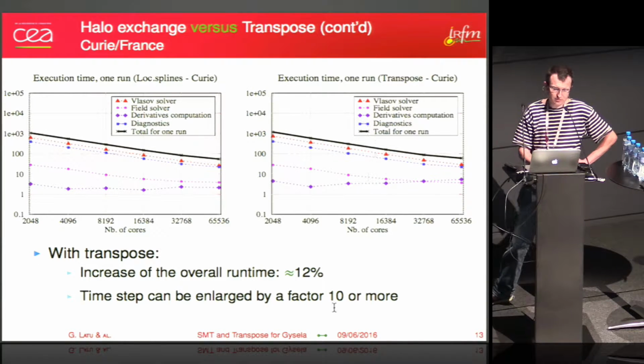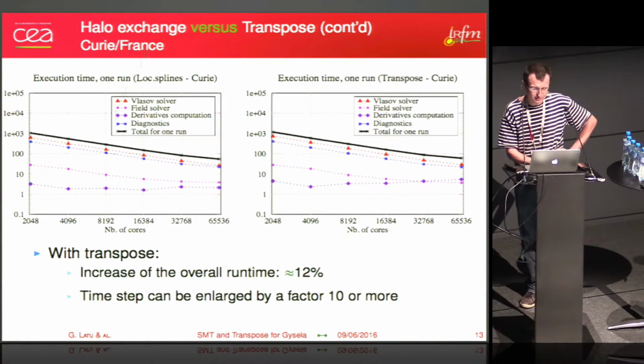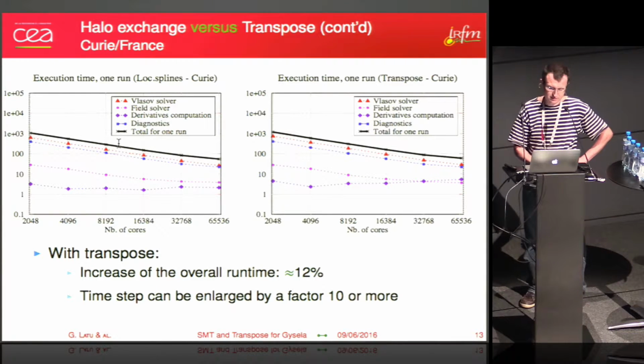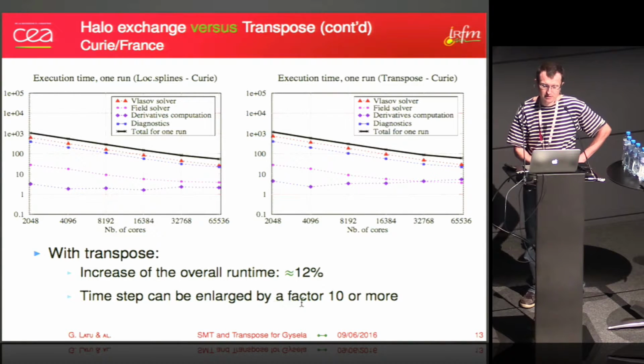Another machine, Curie in France, and we have the same kind of results, comparing halo exchange at left-hand side and transpose approach at right-hand side. And the increase of the overall runtime is 12% on a big test case, but we have a time step which is enlarged by a factor of 10 or more with the transpose approach.